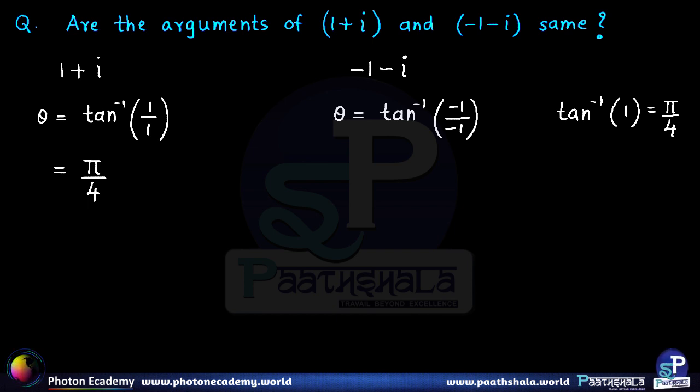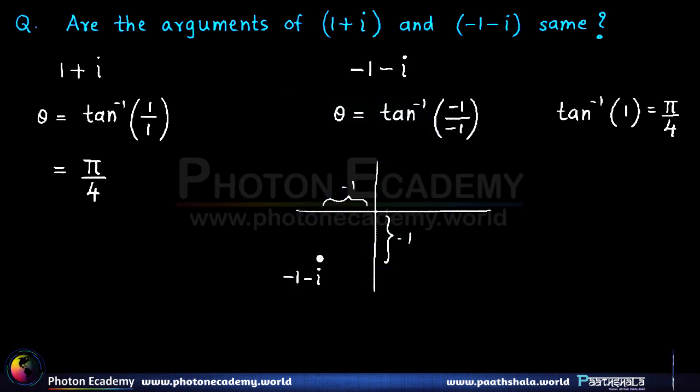But this is clearly wrong because we know that the number minus 1 comma minus 1 lies in the third quadrant. So this is the number minus 1 comma minus 1, which is minus 1 minus i.